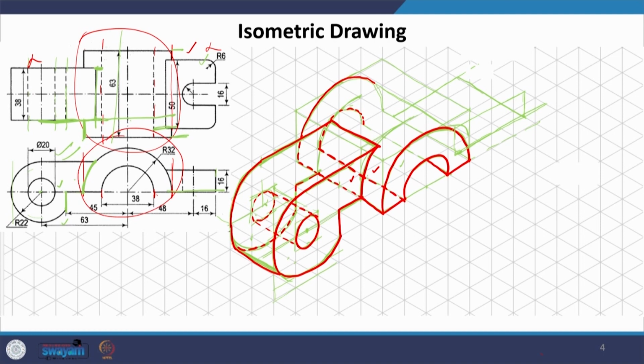So, what we are going to do again is at this level, which is this level, we will again draw this circle. We will take the same circular plane at the back. So, this is how it is going to come, and this line when it goes and meets with this is where it will meet. Now, here in the plan we can very clearly see that there is a curve here.